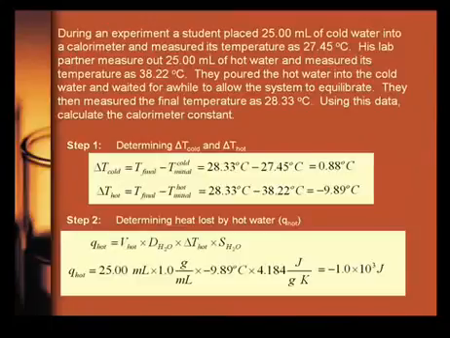Now, for significant figures, we're multiplying, so we have to go by least number of significant figures. Our density term has only 2 significant figures, which is our least number of significant figures, so our answer has to have 2 significant figures.